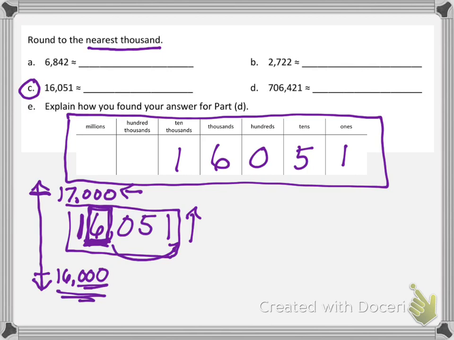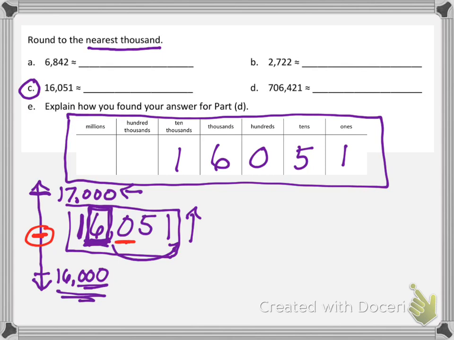Instead of having you create that midpoint, we would want you to just look at the number and ask which one it's closer to. And remember, we look at that hundreds place, and it's that magic number 5.